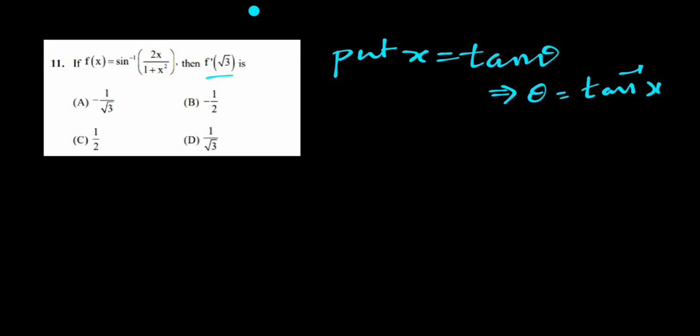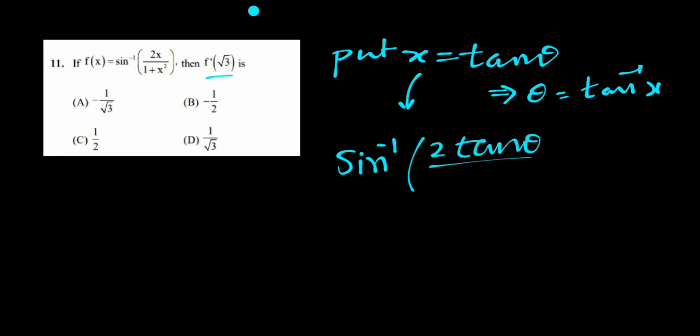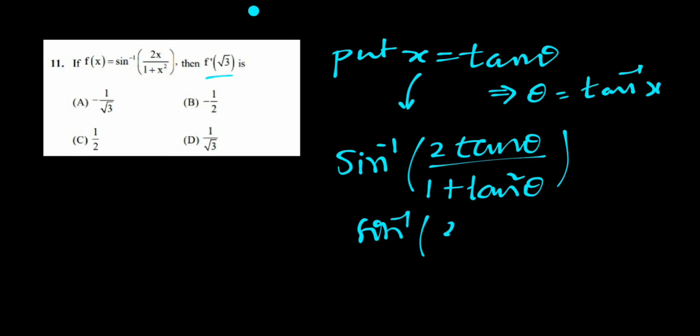On the right side I'll substitute: sine inverse of 2 tan theta divided by 1 plus tan square theta, which is sine 2 theta.